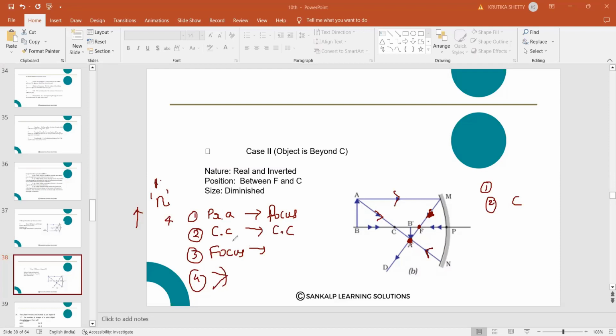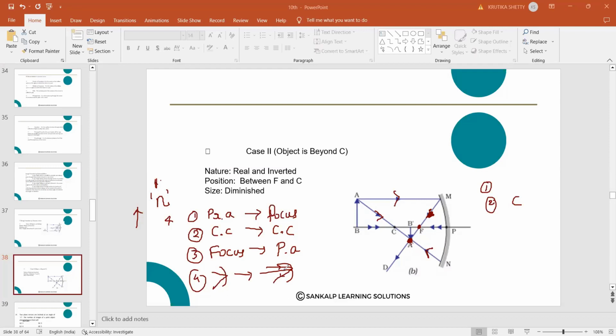That is the second. Third point: the ray which is passing through the focus, after reflection it should be parallel to the principal axis. Then the fourth point, oblique incidence, that is on the mirror. Incident on the pole and reflected. This is the fourth case. So these are the four cases which we need to see.